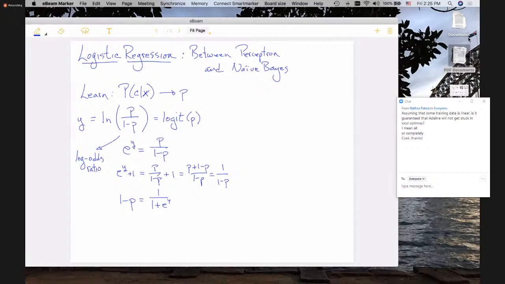So a little bit more manipulation here. Subtract 1 from both sides, and we can multiply through by negative 1. And again, let's simplify this down.